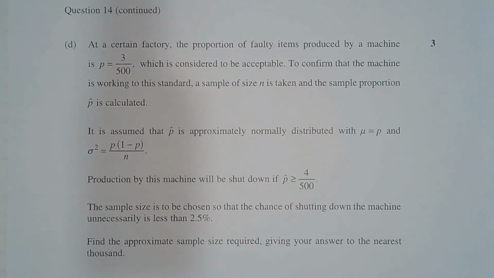Production by this machine will be shut down if P hat is greater than or equal to 4 over 500. The sample size is to be chosen so that the chance of shutting down the machine unnecessarily is less than 2.5%. Find the approximate sample size required, giving your answer to the nearest thousand.